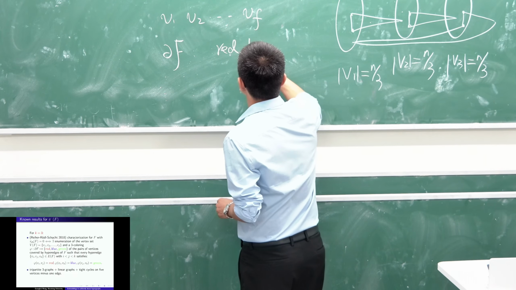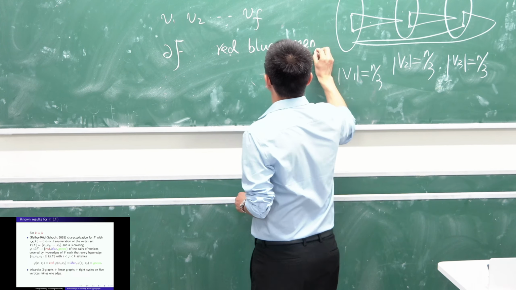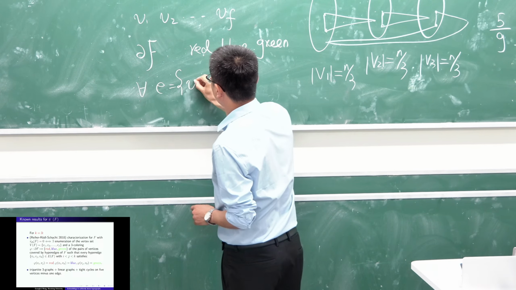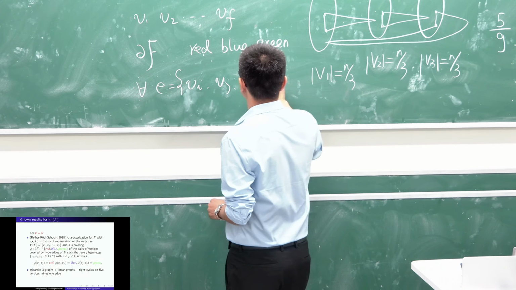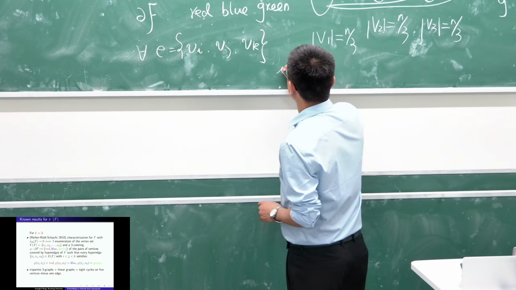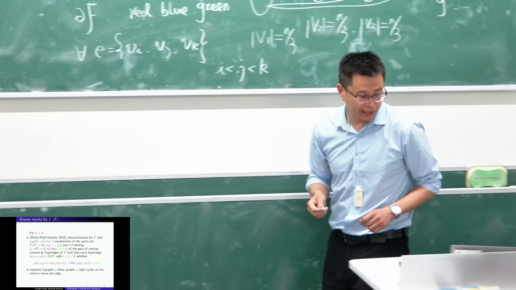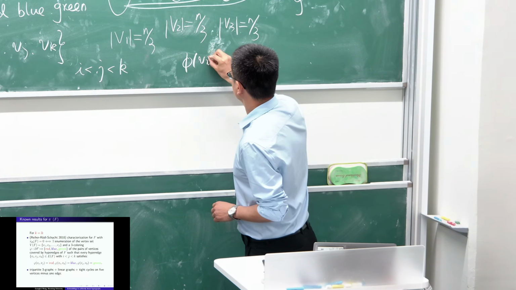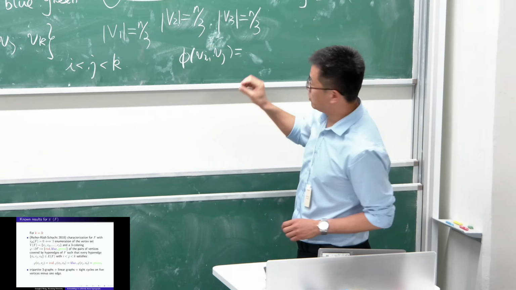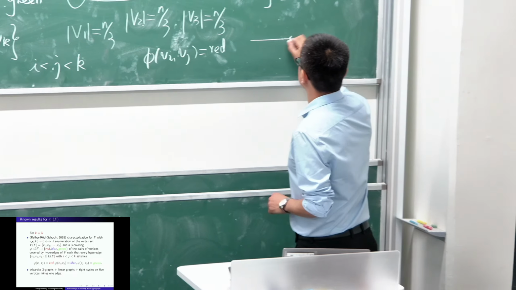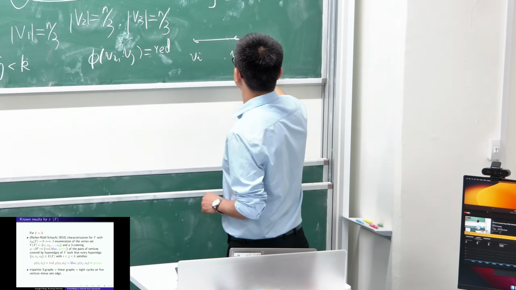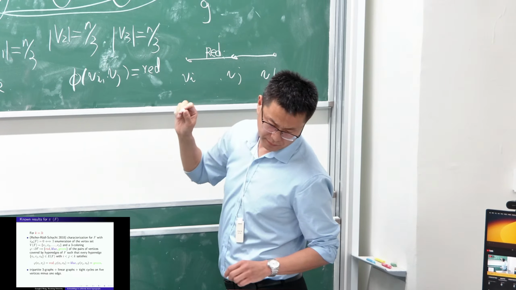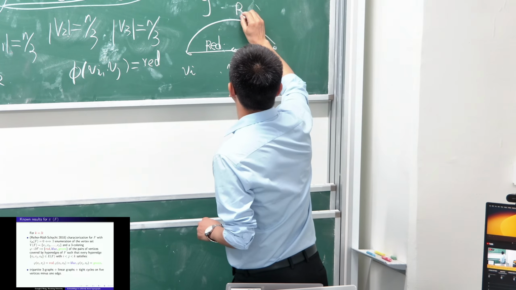And for any edge e, for example Vi, Vj, Vk with i < j < k in this order, the color pattern is exactly: Vi Vj is red, and the colors are red, blue, and green.